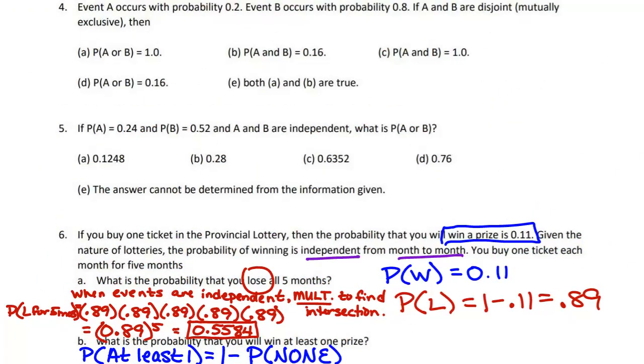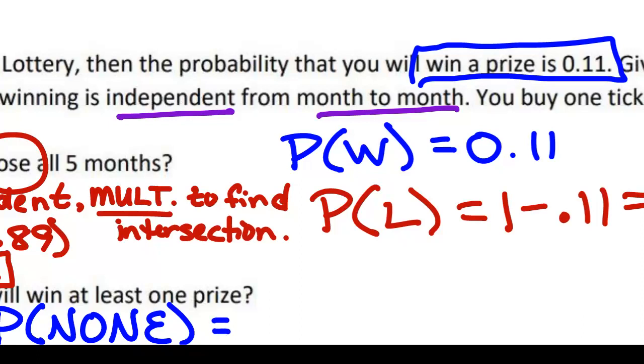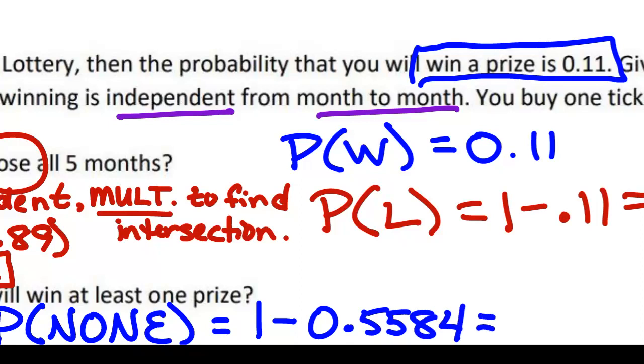Because if I didn't win none, then that means I won something somewhere, right? We just found the probability that I won no prizes in 5 months. This would be 1 minus 0.5584. Should be 0.4416.